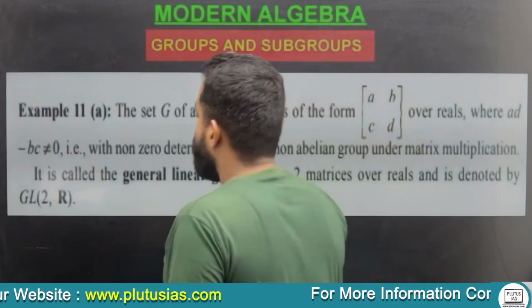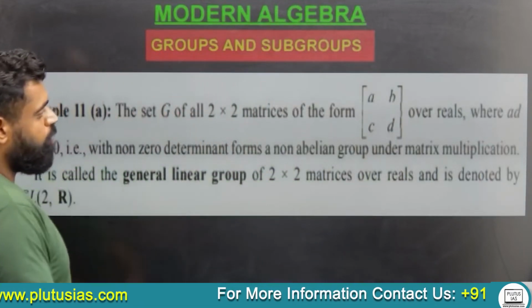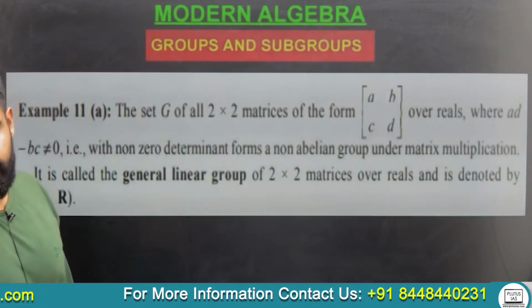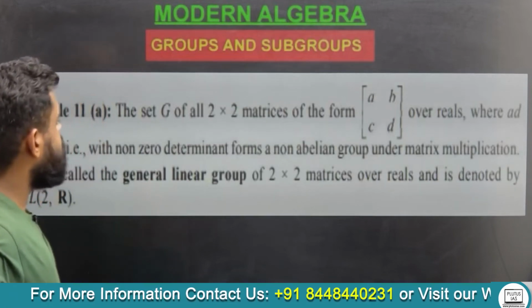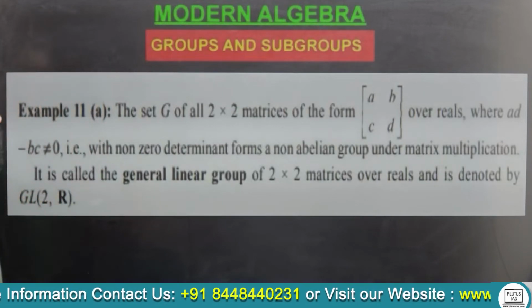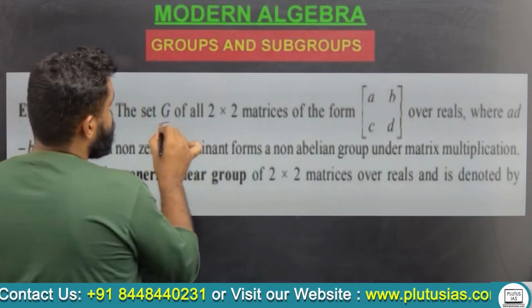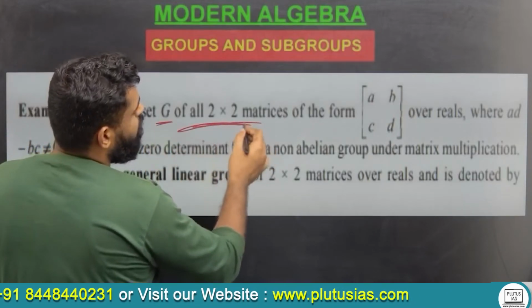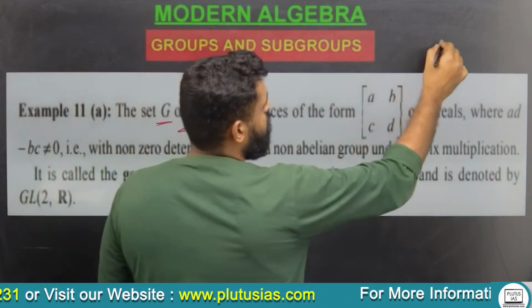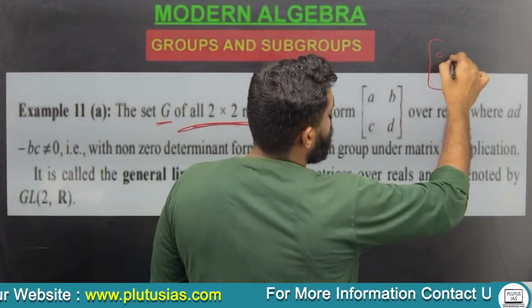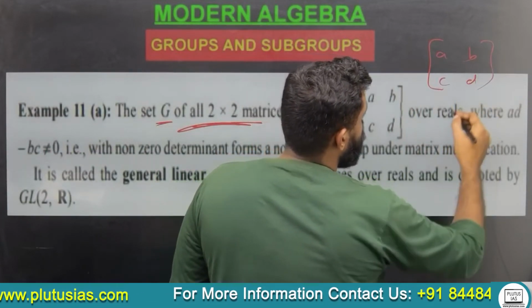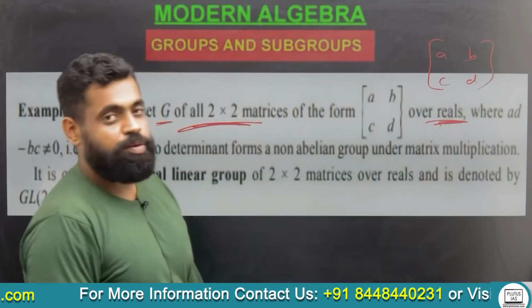See, now we have another group here, that is the general linear group. It is the set G of all 2 cross 2 matrices of the form [A, B; C, D] over reals. What does it mean by over reals?